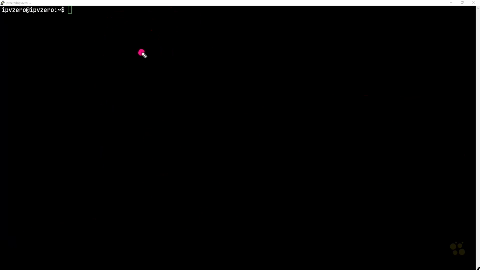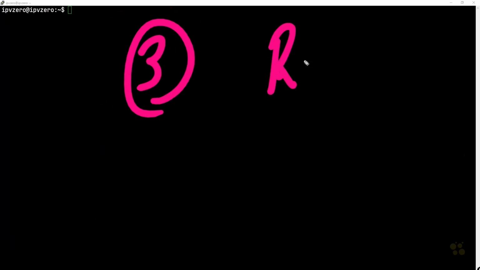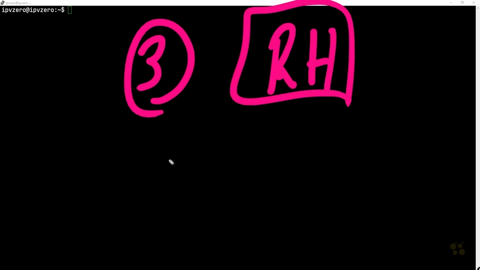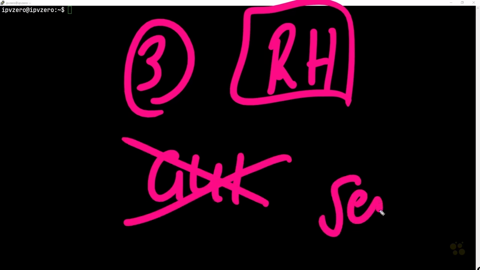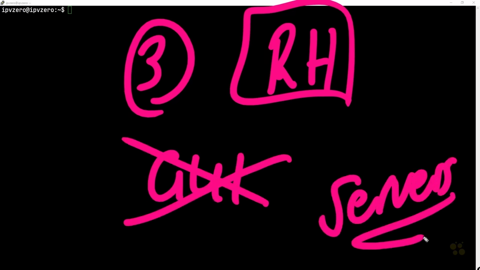Now, run level 3, at least in the Red Hat definition, is where we do not get a graphical user interface. This is very common to run on servers. Now, the reason why is because it's more lightweight, so we don't need to have as much intensive processing power, and also it reduces the attack surface.